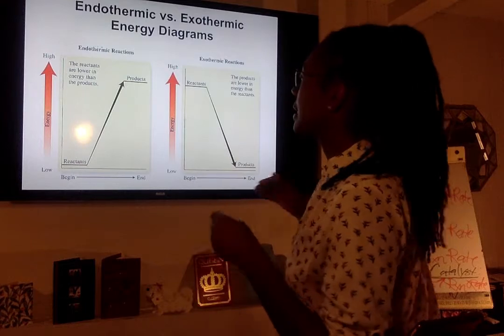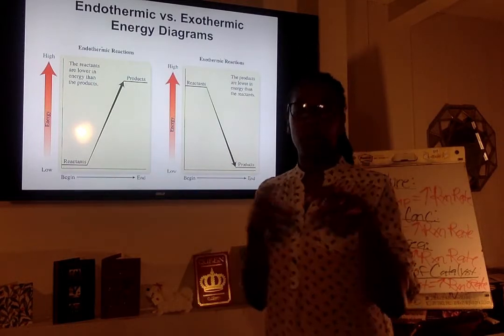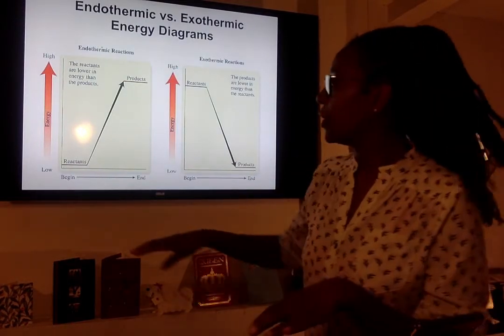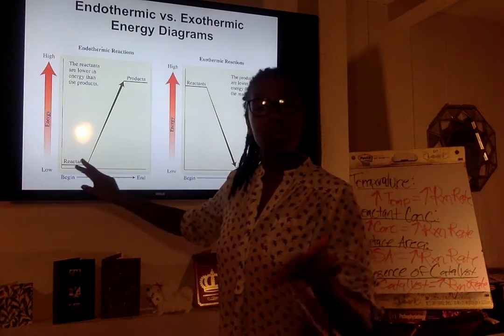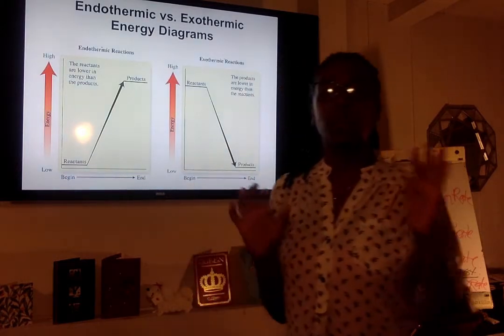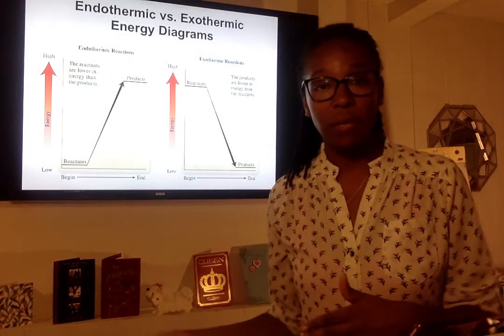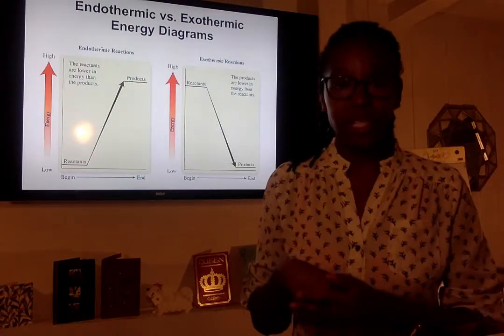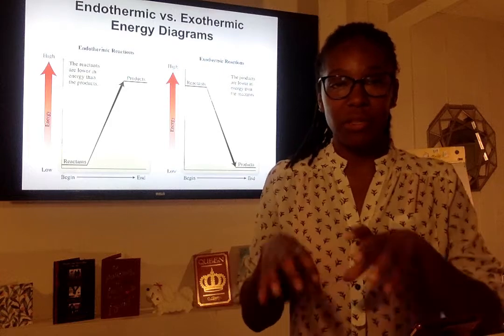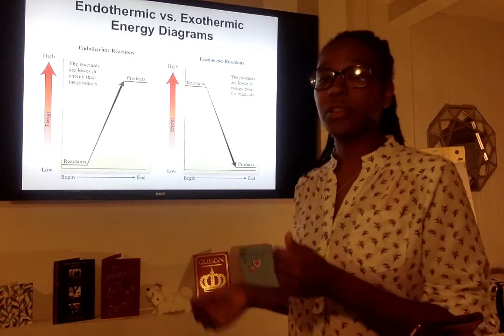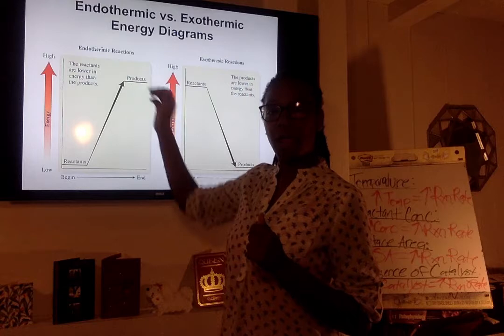So that means that if our reactants are starting with low energy, right? So we're starting with low energy and we're adding energy into our reaction for our reaction to take place. So if you're adding energy into the system, to the reactants, that means you're going to have an endothermic reaction.